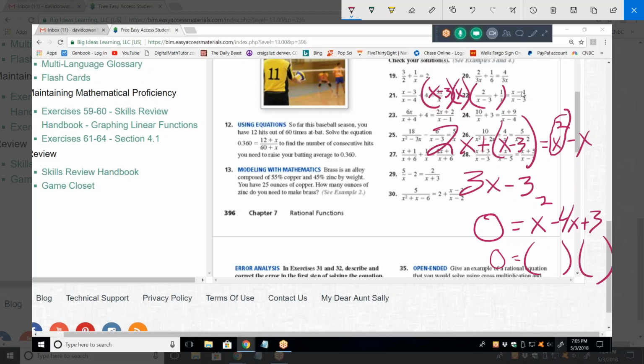Go through the steps of factoring. First step, the x, second, and then the sign is both negative.